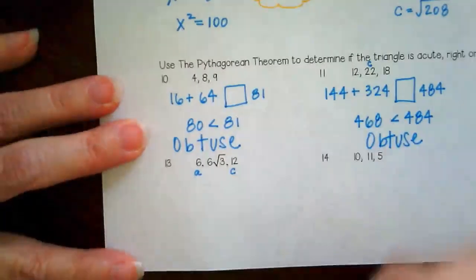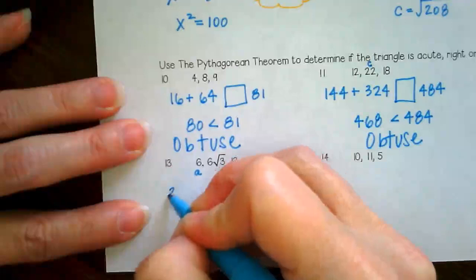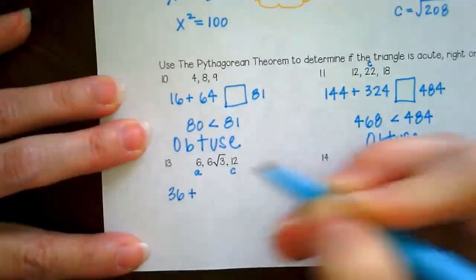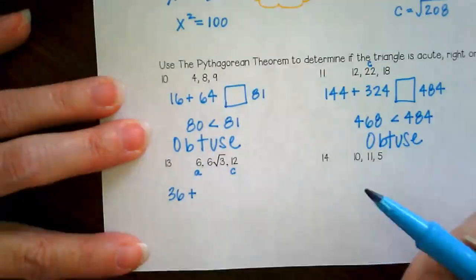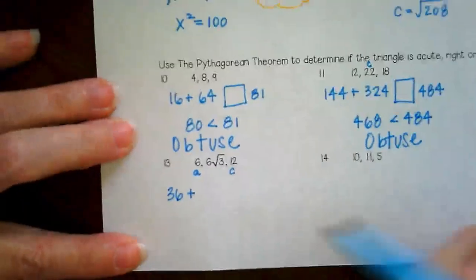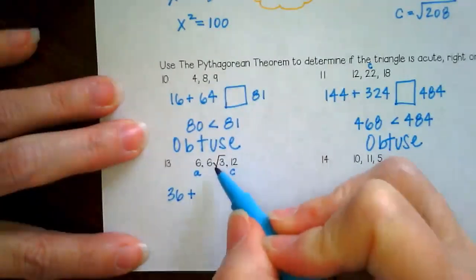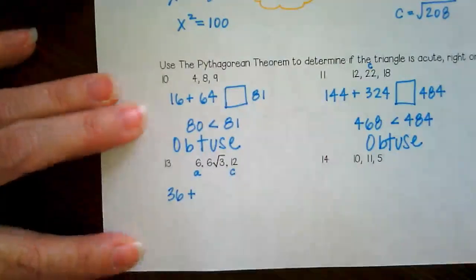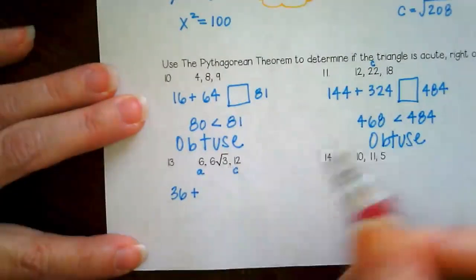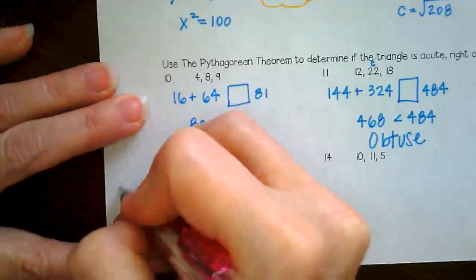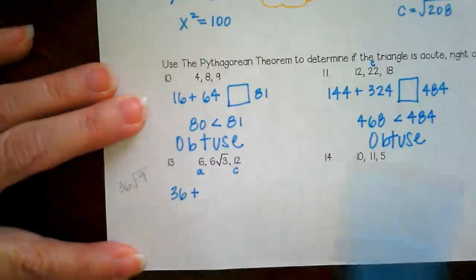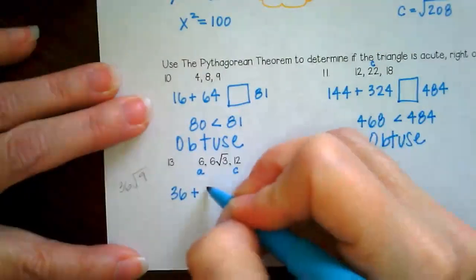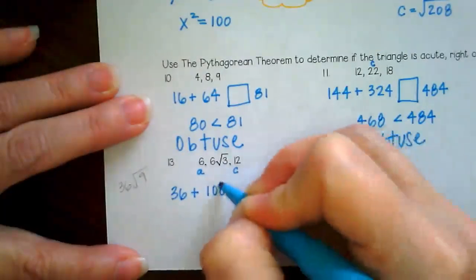Okay, so here we go. Let's think about it. A squared is going to be 36, plus 6 square root of 3 multiplied by itself. Let me write this out. 6 square root of 3 times 6 square root of 3 would be 36 square root of 9, which would be 36 times 3, which is 108.